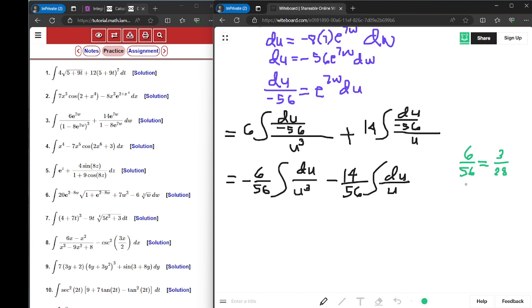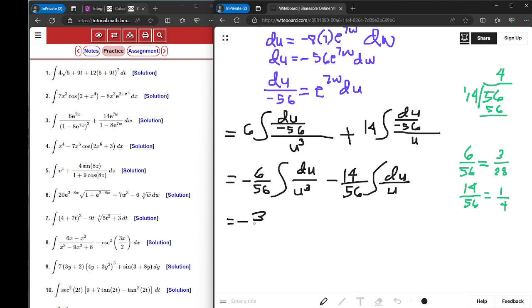Then we also have 14 over 56. Both are divisible by 7. Or I think 56 is divisible by 14. Let's check. If this is 4, then 4 times 4 is 16, carry 1. 4 times 1 is 4 plus 1, so that's 5... so this is actually 1 over 4. Which means this has been simplified.